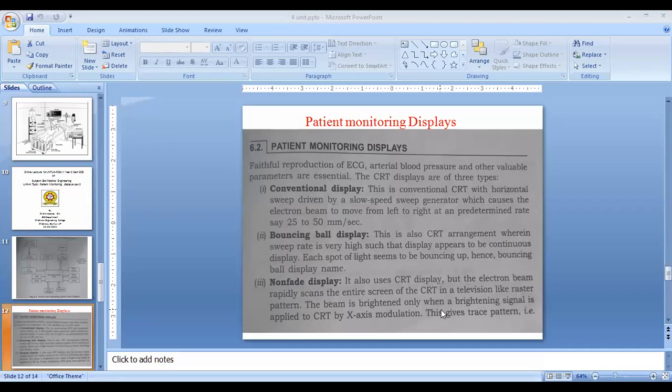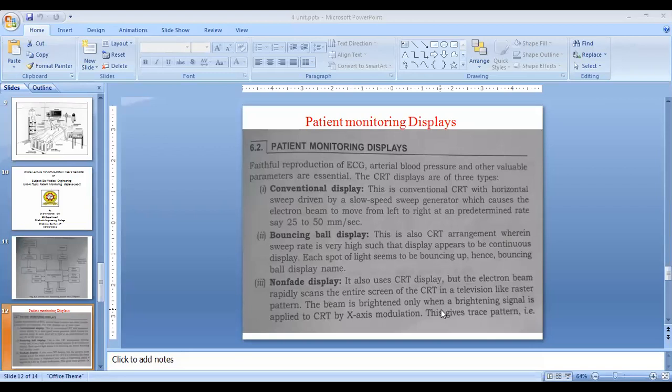So the main disadvantage, as we said, is that if the chopping frequency is very low, we can lose some of the signal, and in some cases the waveforms do not display clearly.